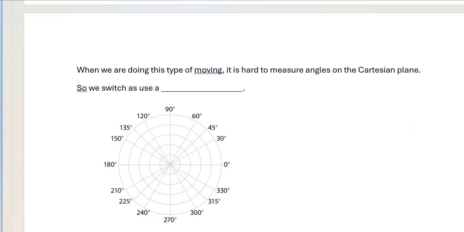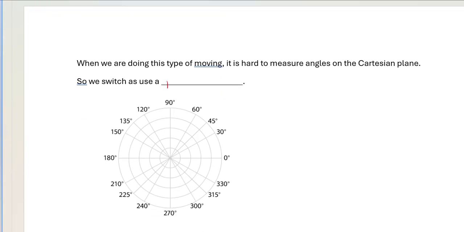So we switch to what's called a polar plane, where things are laid out around the origin. So here's our origin, which we're used to calling 0, 0. In a polar plane, we call that the pole because what we're imagining is that there's a string that we pull tight and swing around the pole to a specific angle.